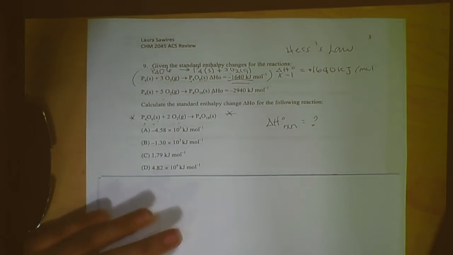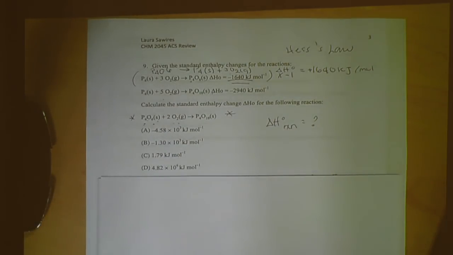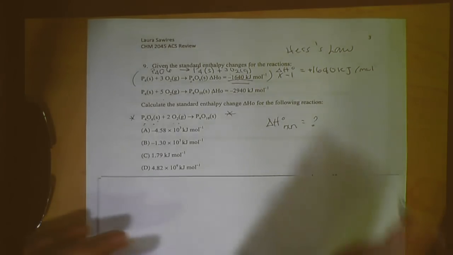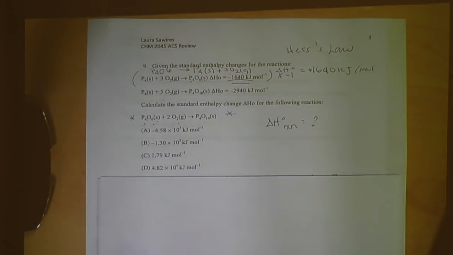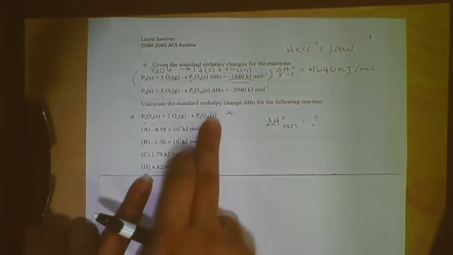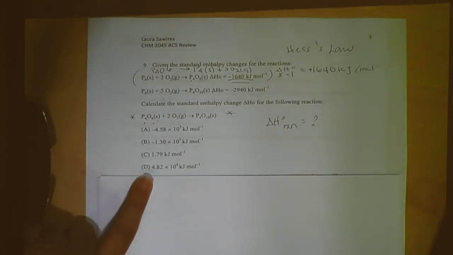So again, we said that we're going to add them up at the end. When we add them up, things that are on the opposite side are going to cancel out or simplify. So what ends up happening is that when you add these two, things that are in the overall equation are going to end up on the overall equation, and things that were not are going to cancel out.